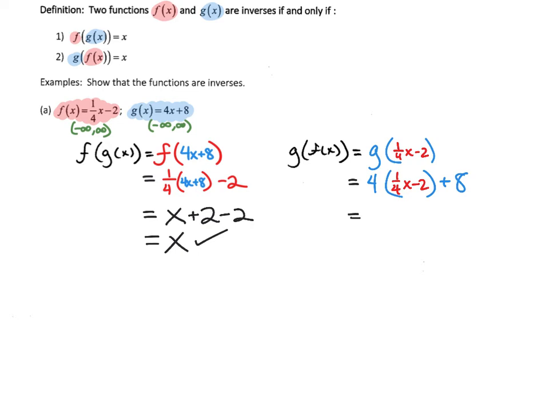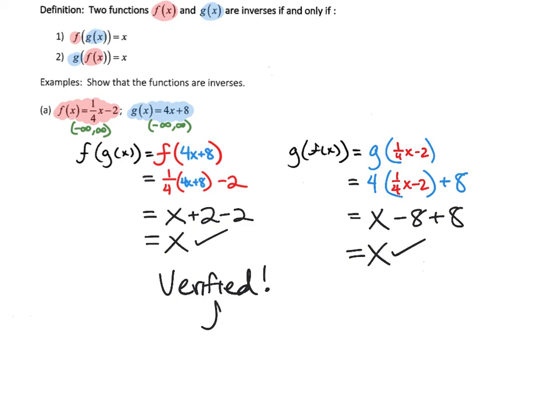We distribute: 4 times one fourth is x, 4 times negative 2 is negative 8, bring down the plus 8, and that again simplifies to x. This math, showing that f of g of x and g of f of x both simplify down to x, allows us to verify. We know officially that f of x and g of x are inverses. We verified it. Woohoo!